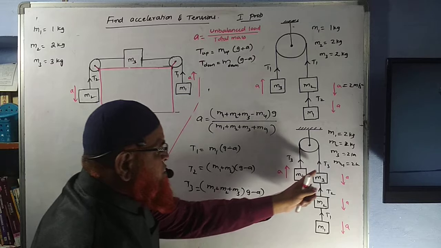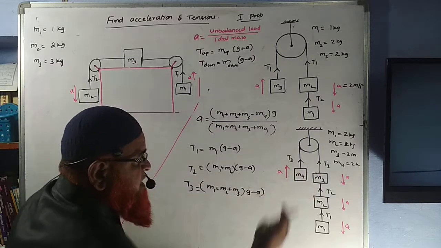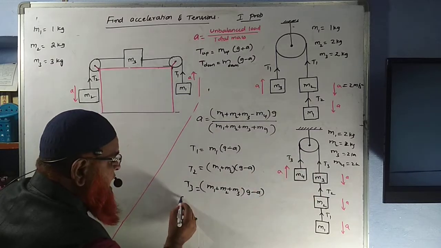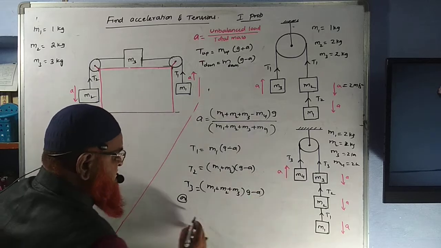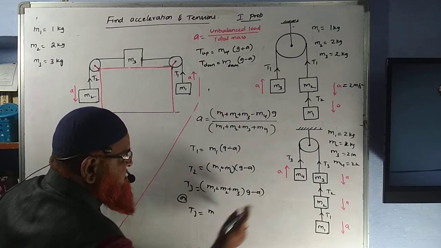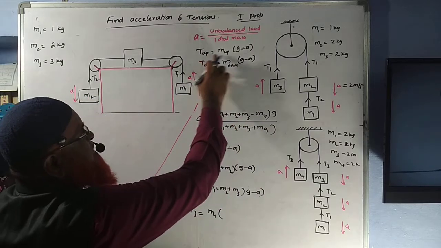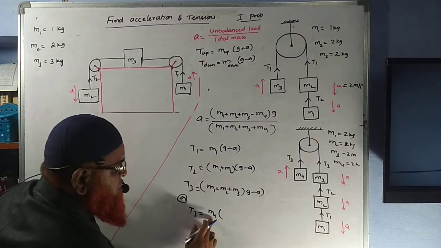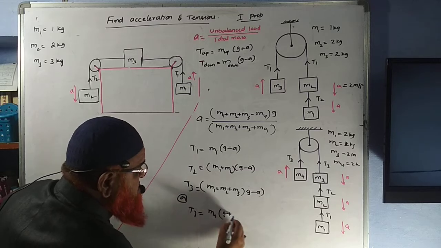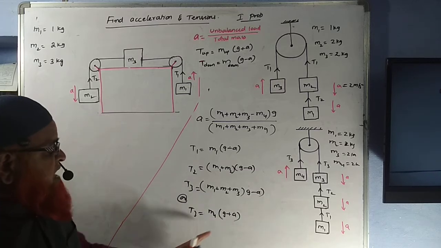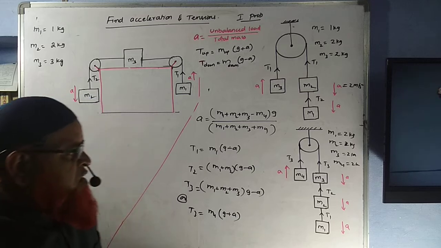Either you can use this formula or you can take only a single body, that is T3 is equal to m4, the one which is moving up, into g plus a. They are going to give you the same answer. If you want, you can check it.